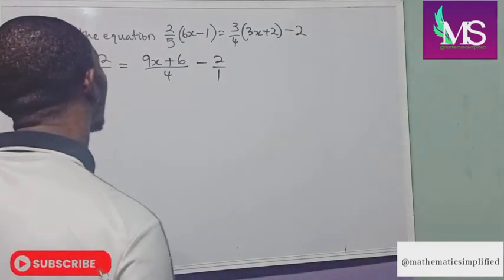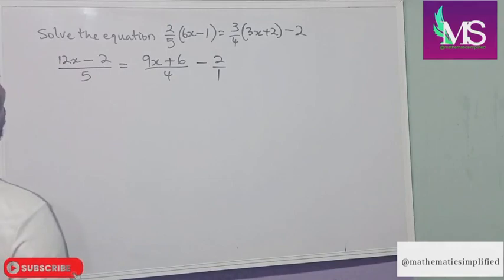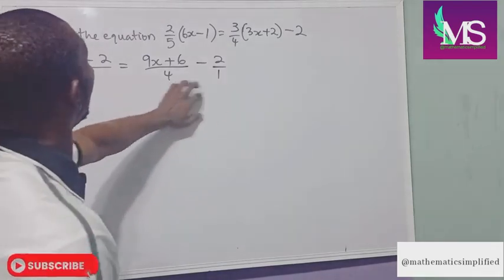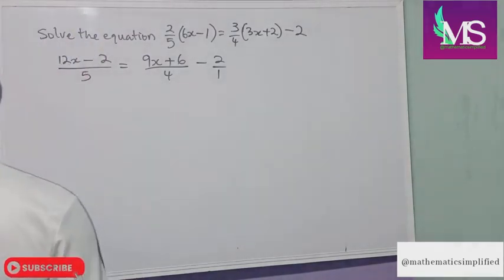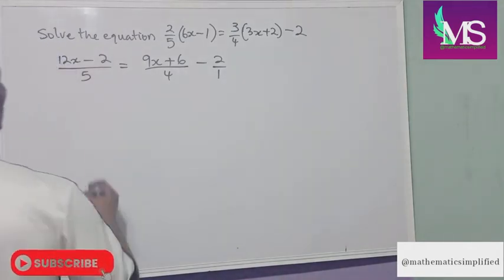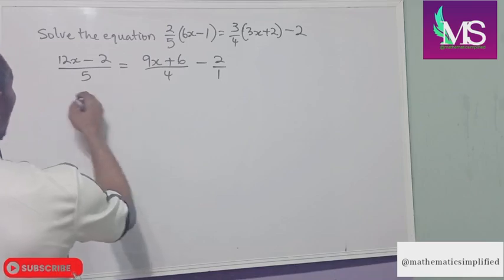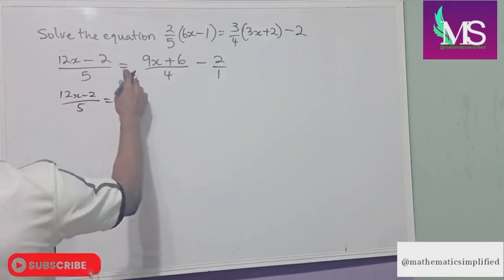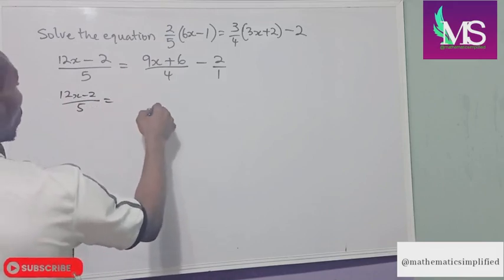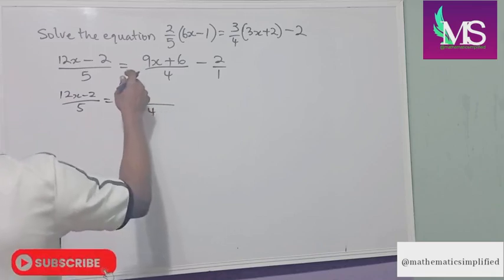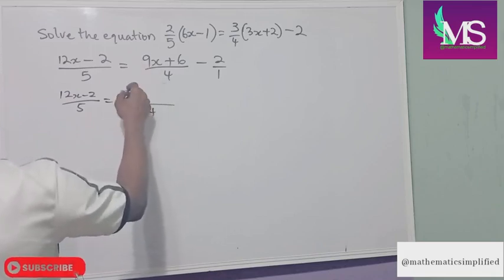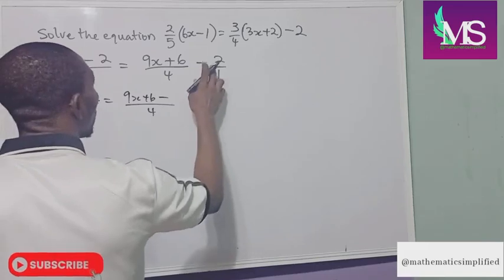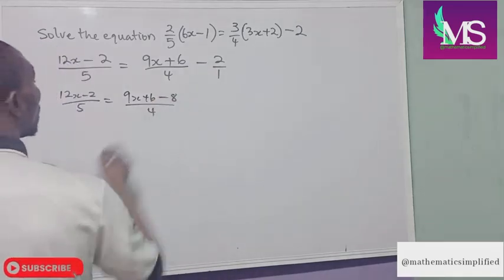Alright, now with this, we can work on our left hand side and the right hand side. So this becomes 12x minus 2 over 5 equals, all C and here will be 4, all over 9x plus 6 minus 2 times 4, 8.